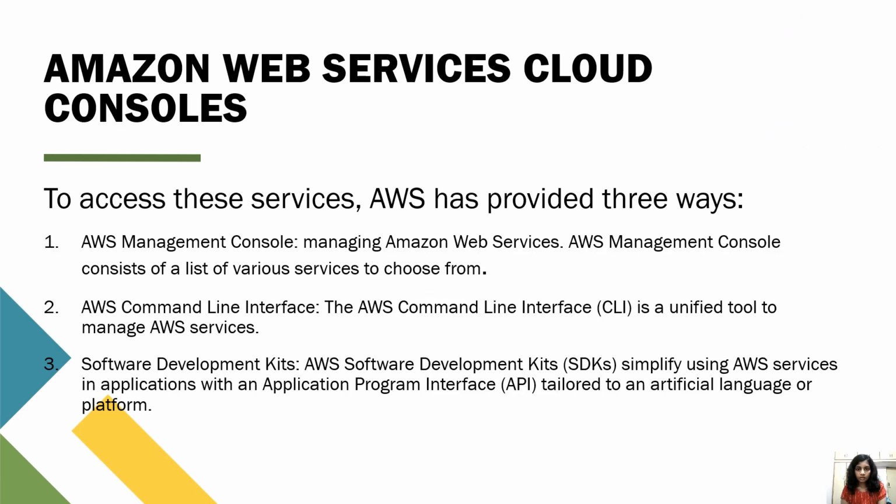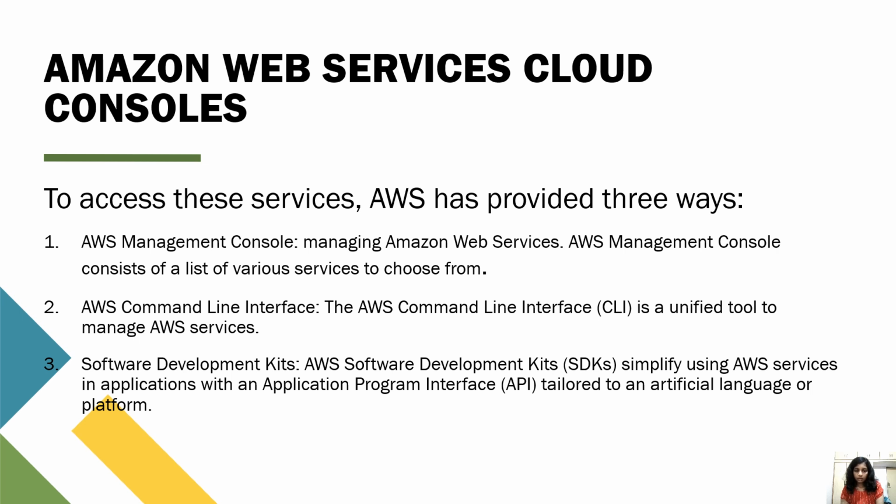Amazon Web Services cloud consoles. To access these services, AWS has provided three ways. The AWS Management Console consists of a list of various services to choose from. Then the AWS Command Line Interface is a unified tool to manage the AWS services.